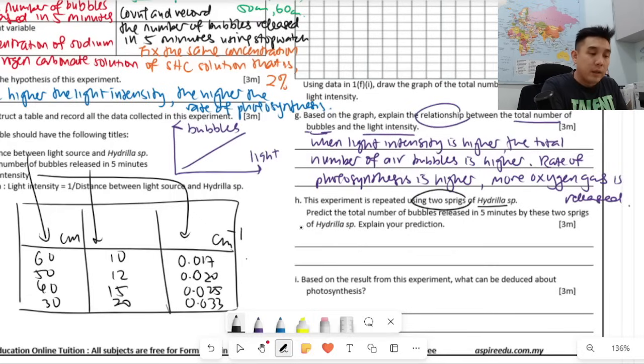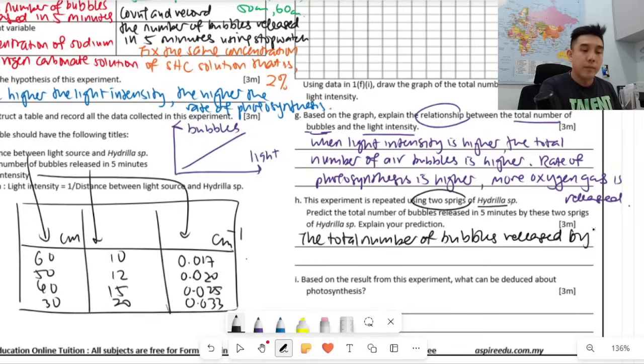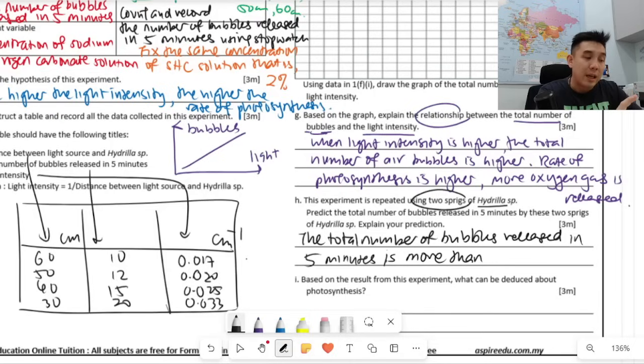So we say that the total number of bubbles released in 5 minutes is more than, try to use something for the data. What is a better value to use?